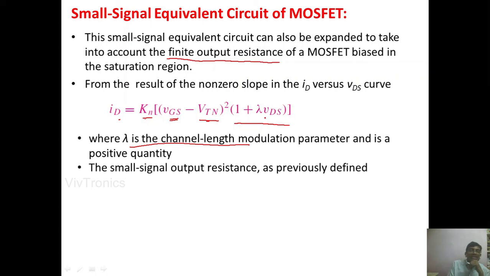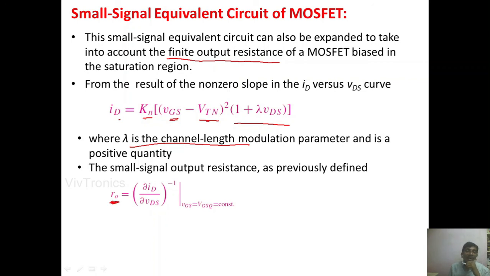Okay, so the small signal output resistance is as previously defined. r0 is equal to what? The inverse of dou ID by dou VDS. Actually, dou ID by dou VDS is nothing but the output conductance.